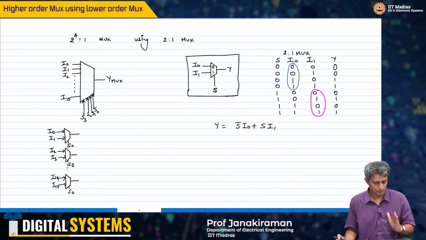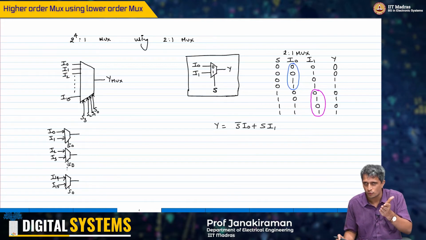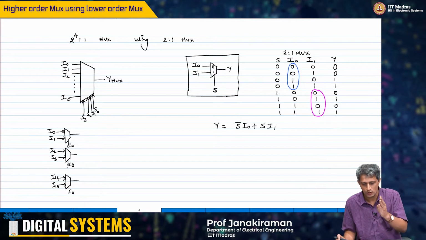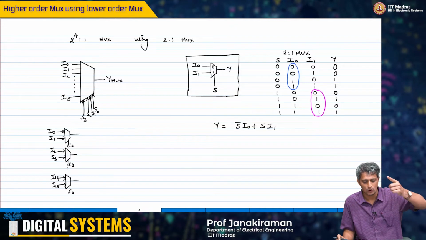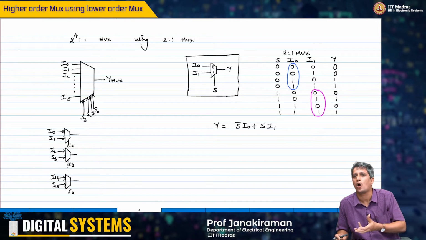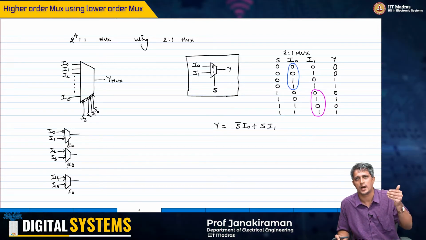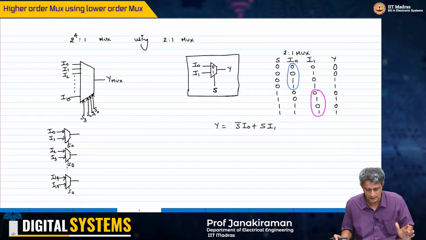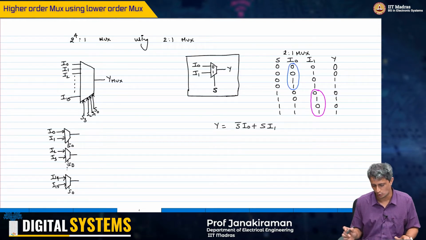Therefore, when S0 is 0, you are going to select the even inputs, I0, I2, I4, I6, and when S0 is 1, you will select the odd inputs, I1, I3, I5, I7 and so on. This is how it's going to go.